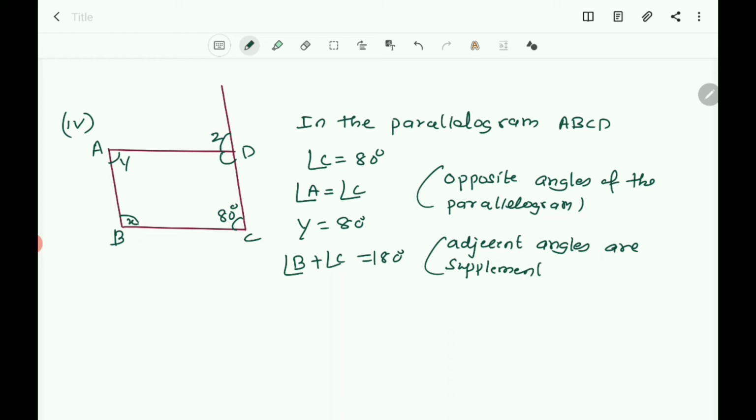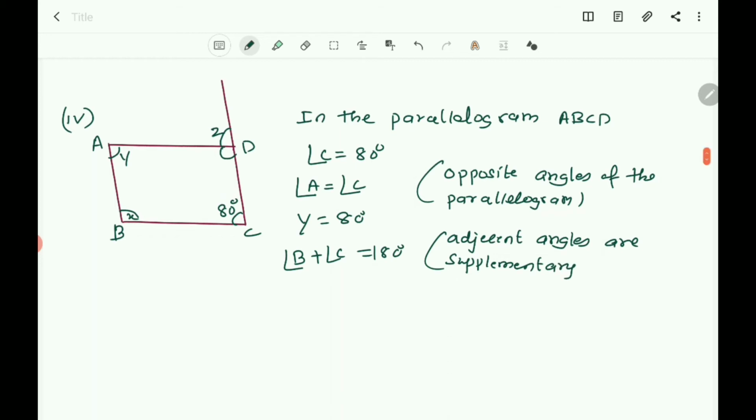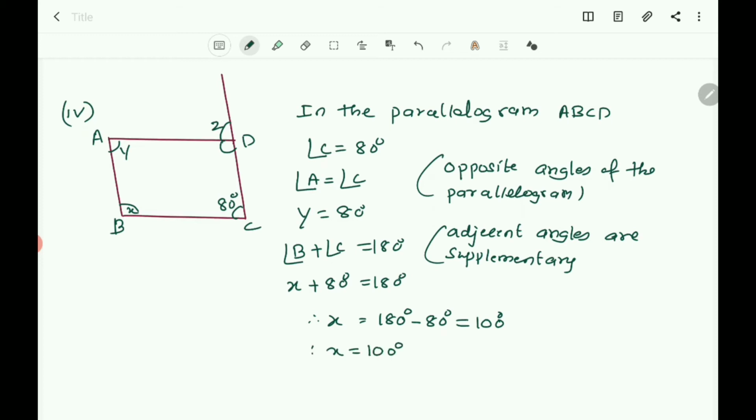That is one of the properties of the parallelogram. So here angle B is x plus angle C, how much? That is 80 degrees, equal to 180 degrees. Therefore x is equal to what? 180 degrees minus 80 degrees is 100 degrees. So you got x equals 100 degrees here.